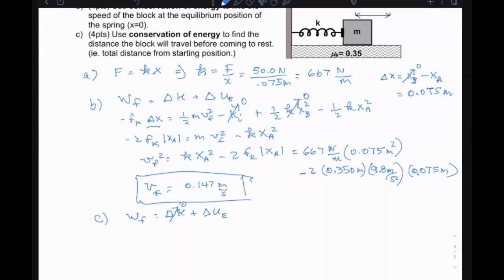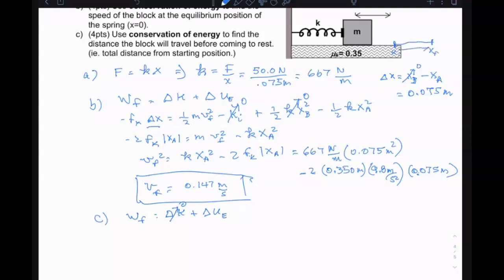On the other hand, we could treat the problem as initially having the block at x equals 0, that is, the spring has undergone the decompression, and treat it from that point on, from this distance initially, call this our initial position, and this our final position.